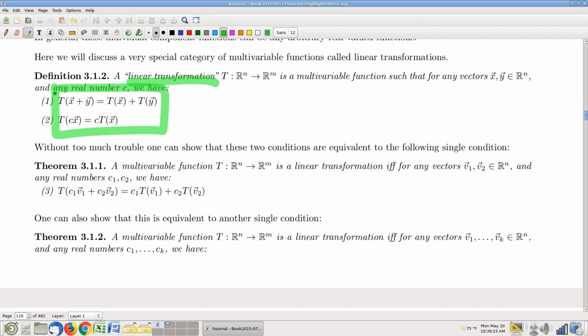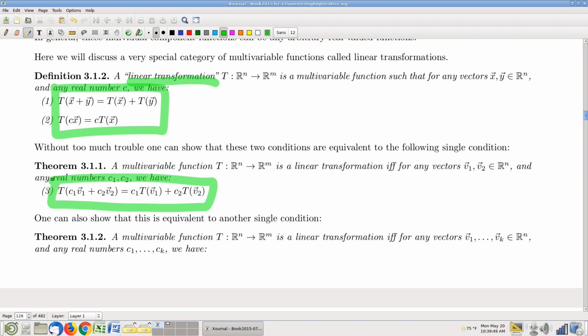Now, an alternative way to write the same thing is this. I hope this is pretty plausible. If the function behaves in this highly convenient way when it comes to adding inputs and scalar multiplying inputs, well, all we have here is a linear combination: we're adding and we're scalar multiplying.